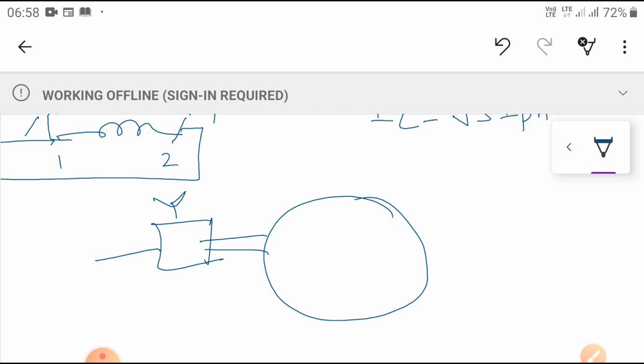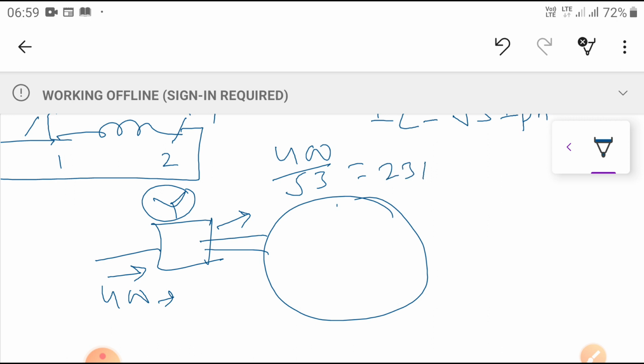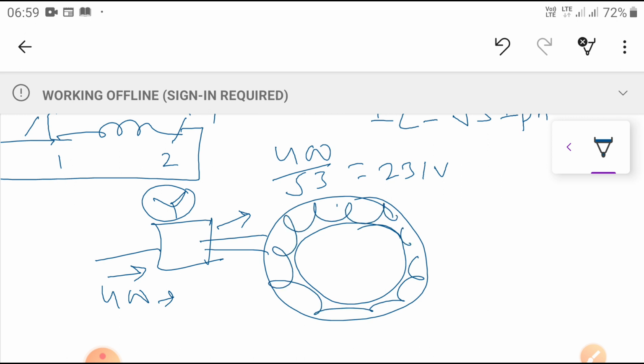Then even if 400 volts is given as input, due to the star connection of the stator winding, the motor uses only 400 by root 3, which is equal to 231 volts appearing across each phase of the motor. Then the reduced voltage is given to the stator winding, and automatically the current, the line current and phase current, also reduces.